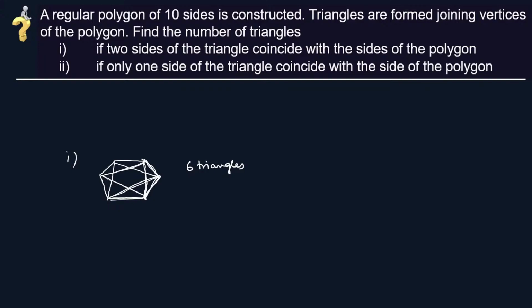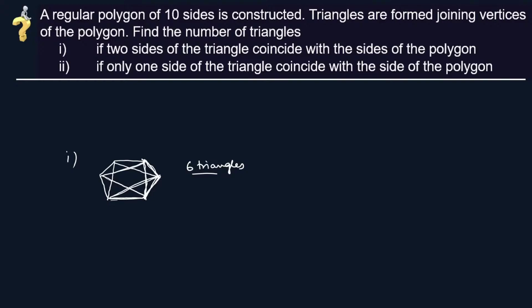But in this case, 2 sides of the triangle coincide with 2 sides of the polygon. Hence there are 6 triangles. Now there were 6 sides. We have taken a 6-sided polygon and the triangles which can be formed, having 2 sides coincide with 2 sides of the polygon, are 6.